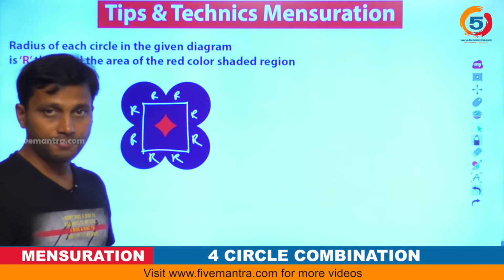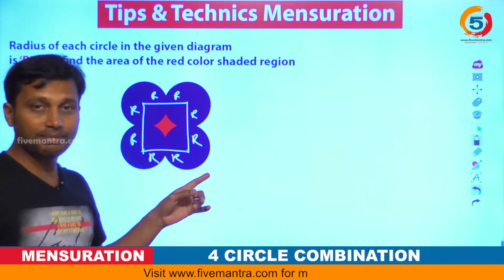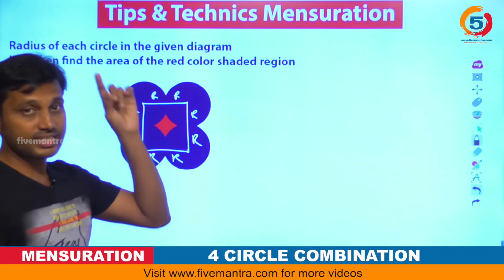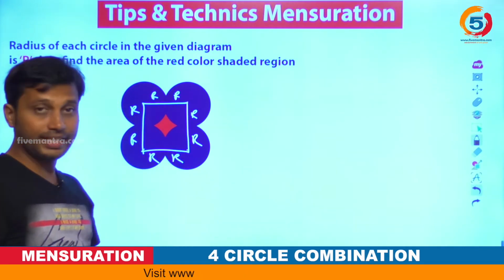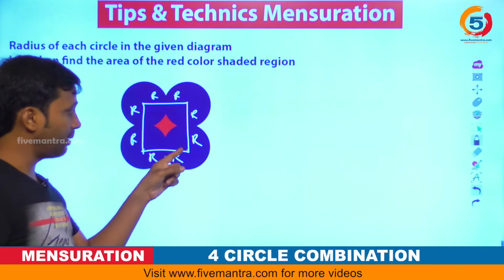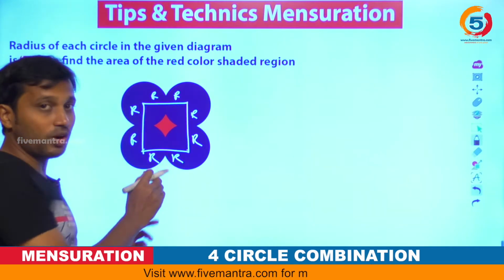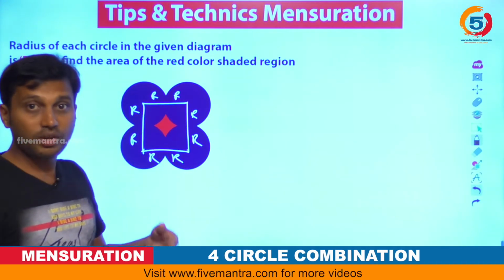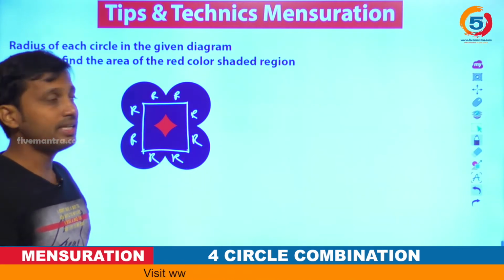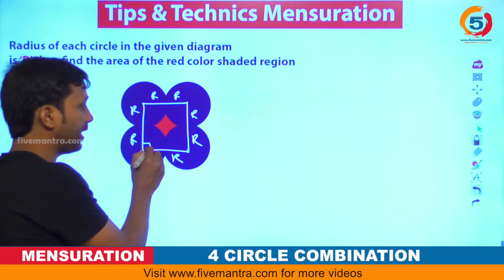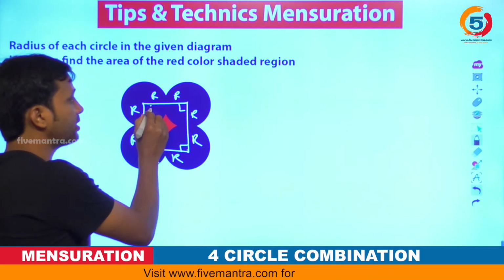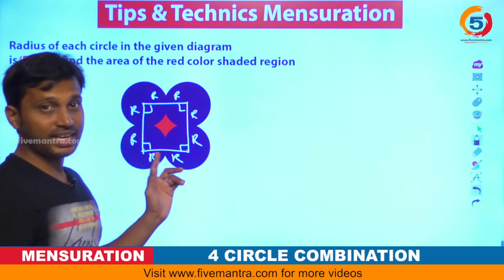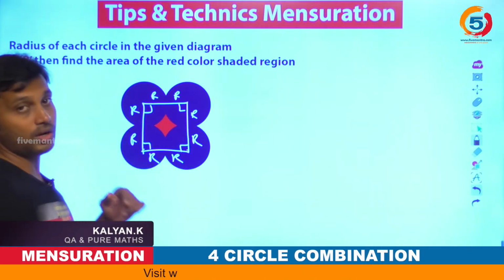If you clearly observe, all the circles are congruent, that means all the circles are equal, having equal radius, and each radius is capital R. Then we need to find the shaded area. The quadrilateral obtained, what type of quadrilateral did we get here? Is it a square or rectangle, or something else? Since all circles are equal, here we get 90 degree angles at all the corners, and R and R make 2R, so each side is 2R, 2R, 2R, 2R, all the sides are equal.